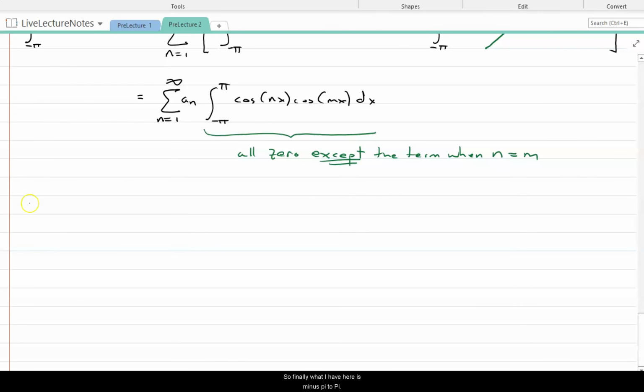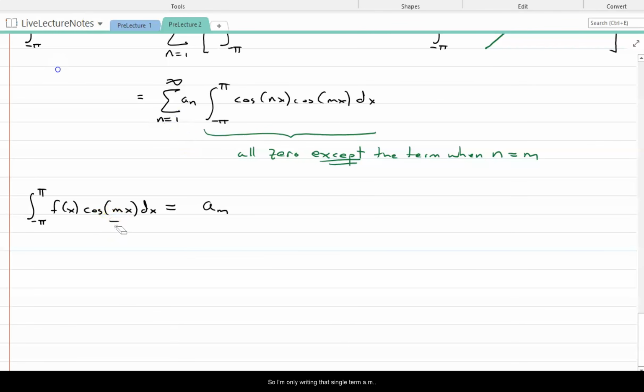So finally what I have here is the integral from minus pi to pi of f of x cosine of mx dx is equal to, there's only one term when n is equal to m, so I'm going to have a_m. Out of all the n's, there's only one where that n matches the m on the left-hand side.